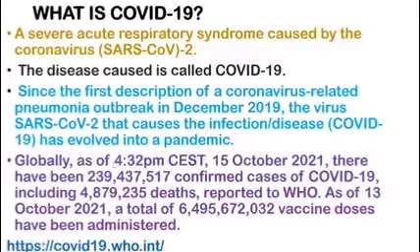Globally, as of 15th October 2021, yesterday, there have been 239.4 million confirmed cases of COVID-19, including more than 4.8 million deaths reported to WHO.